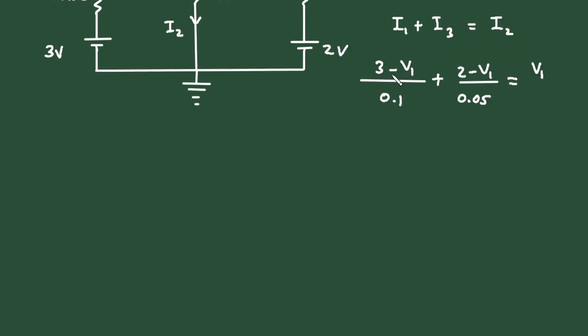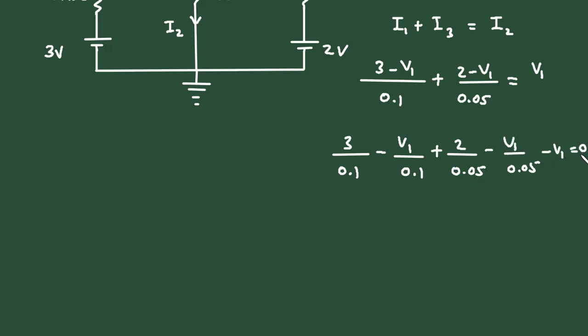Now we will simplify this further. So it will be 3 divided by 0.1 minus V1 divided by 0.1 plus 2 divided by 0.05 minus V1 divided by 0.05 minus V1 is equal to 0. So let's take V1 common from here.